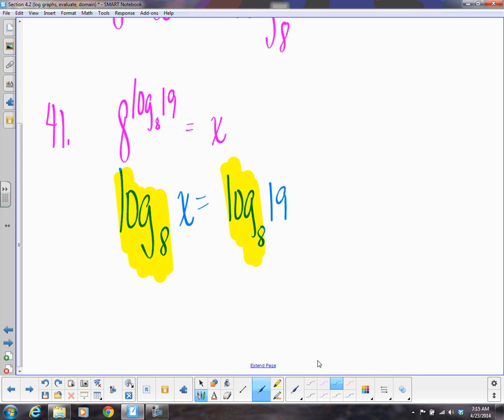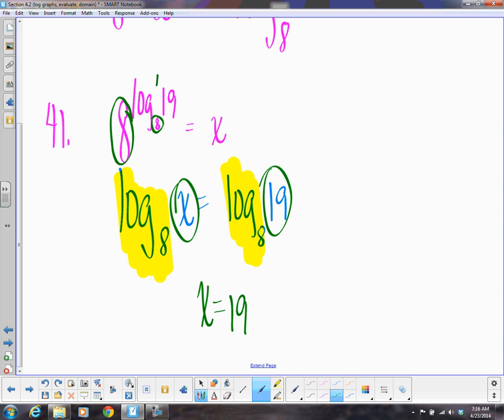In order for those to be equal, what can we say about x and 19? They're equal. Which brings us to a property. Notice this was 8 as a base, and the base of the log was the same as the big base. You with me? And what did the answer end up being?